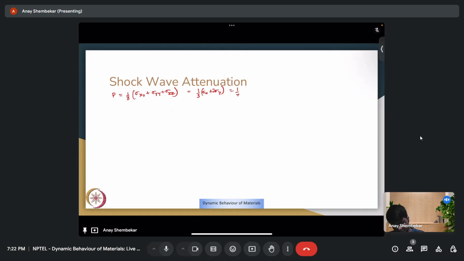So you can write a third of 3 sigma x minus twice of (sigma x minus sigma y). This is sigma x minus 2/3 of (sigma x minus sigma y). This we know from Mohr's circle, it can be represented as 2/3 into twice of tau max.